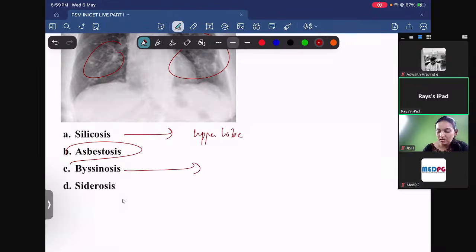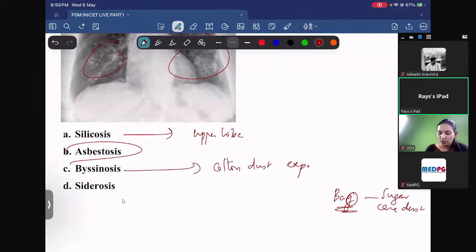Byssinosis is due to cotton dust exposure. Bagassosis is sugarcane dust exposure. Siderosis is iron. So here our question is about asbestosis.